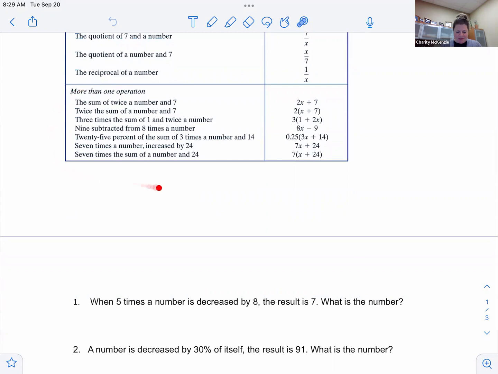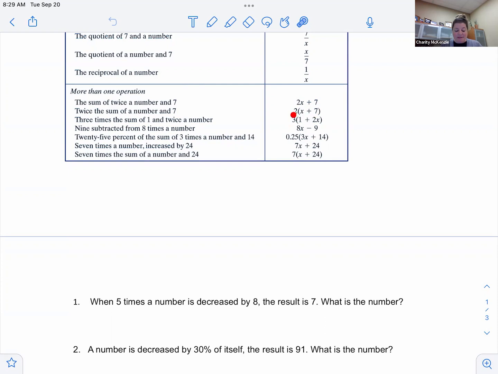This bottom part you can look through. I would cover this up and just think of whether or not you can figure this out and get to this. Okay. So let's look at the second one real quick. Twice the sum of a number and 7. Look at how that's written.